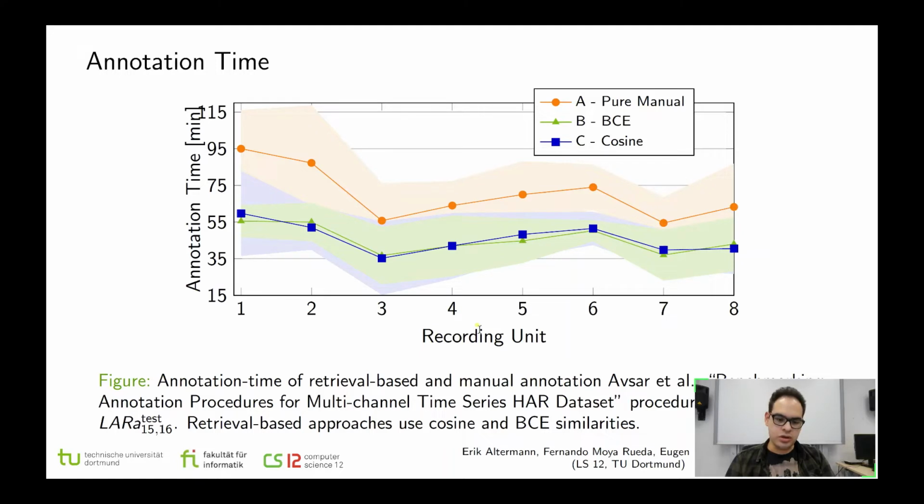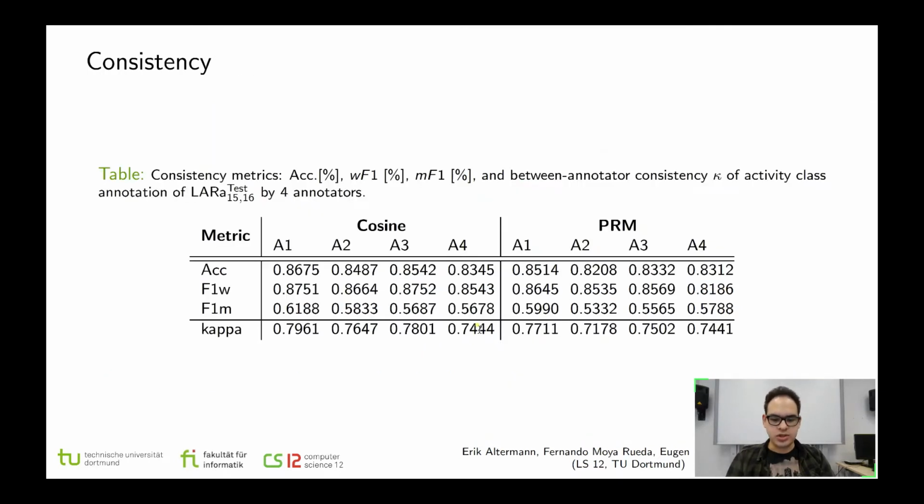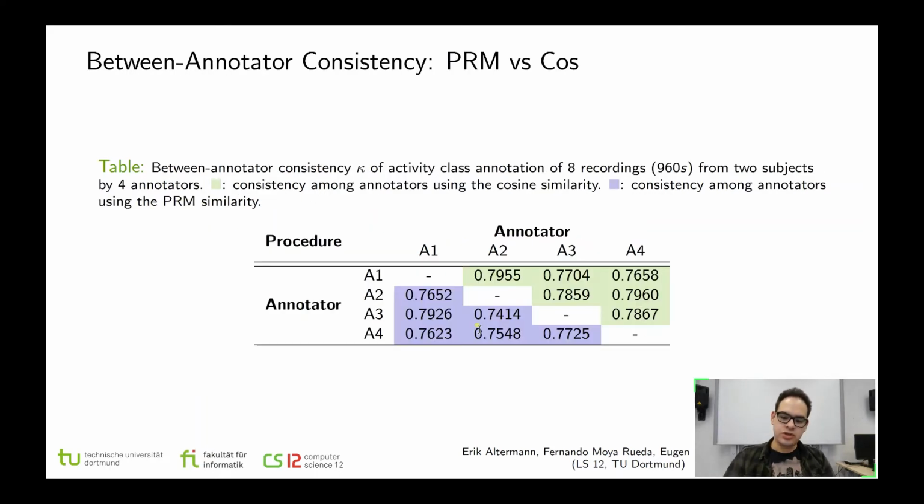And as you can see, the time it took to annotate was cut approximately in half, while at the same time the consistency measured in Cohen's kappa has remained high, which means that the annotation effort went down while the quality of the annotation stayed the same, and that is a very good sign.